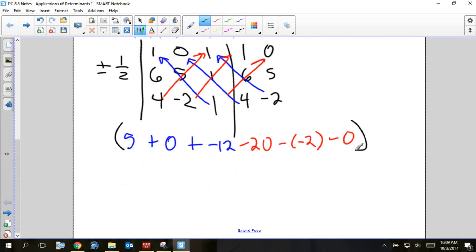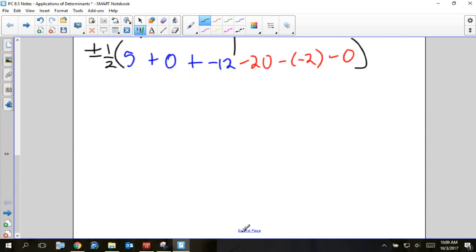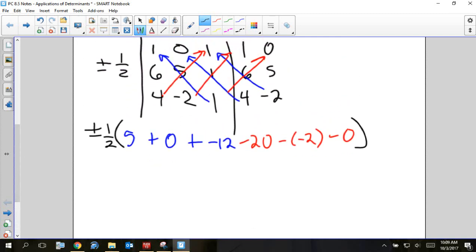Then around that, we will have plus minus half. If I'm doing this by hand, I'm probably going to add all the positives and then add all the negatives and then subtract them. So adding all my positives, I have a 7. Adding all my negatives, I get minus 32.